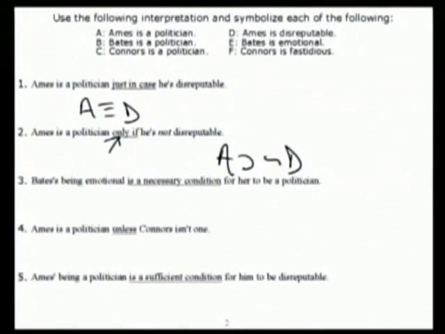Then it would be curl D horseshoe A. That would be the if. That's just the flopping around of the sentence. If he's not disreputable, then he's a politician. This one says, if he's a politician, you can be sure that he's not disreputable, because he's a politician only if he's not disreputable. So the correct symbolization for this sentence is that.